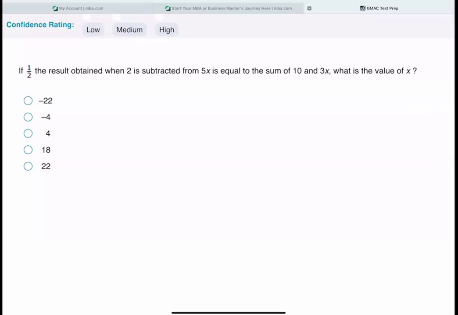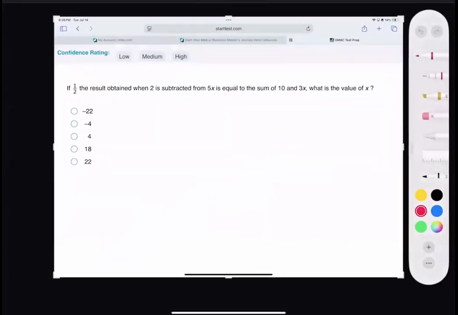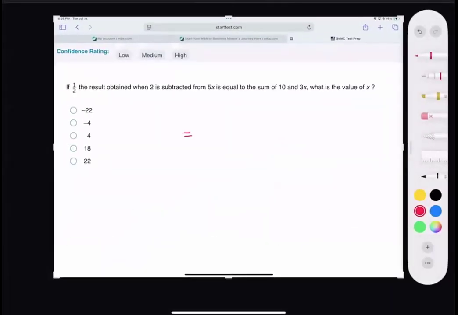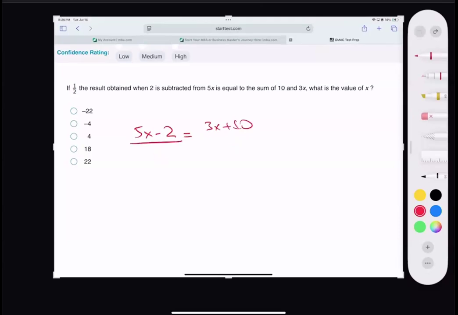Let's do it. Half of the result obtained when 2 is subtracted from 5x is equal to the sum of 3x plus 10. Is it here or here?